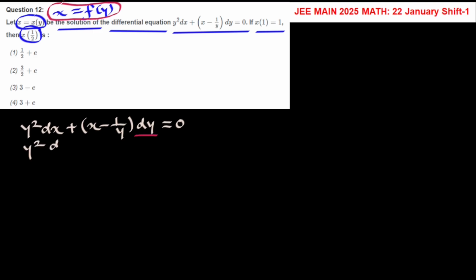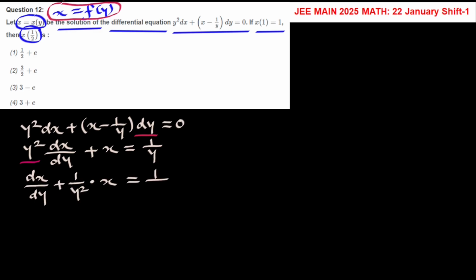So y square dx upon dy plus x equals 1 upon y. Dividing by y square, dx by dy plus 1 upon y square into x equals 1 upon y cube, which is a linear differential equation in dx by dy.